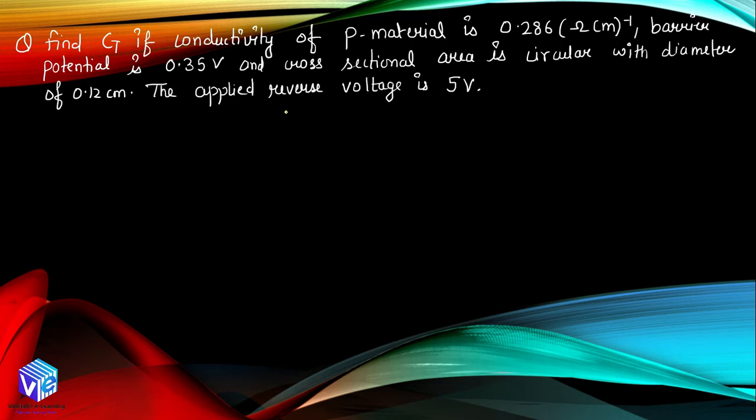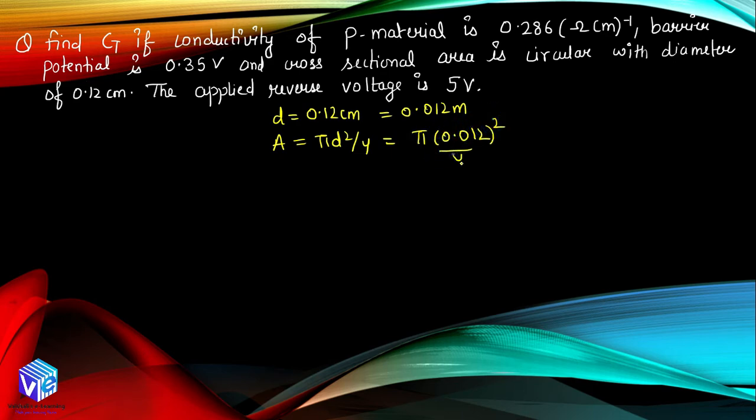First of all, it is given that the cross sectional area is circular and the diameter is given. The diameter is 0.12 centimeter, which can be represented as 0.012 meter. So area will be equal to pi d square upon 4, which is pi into 0.012 square upon 4.